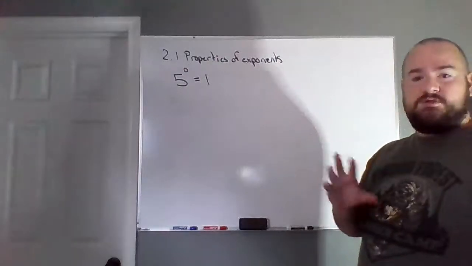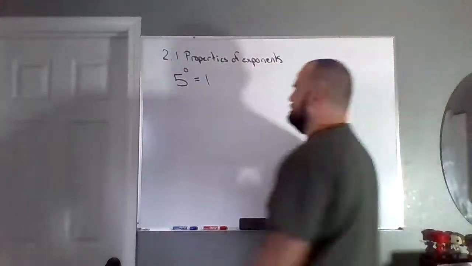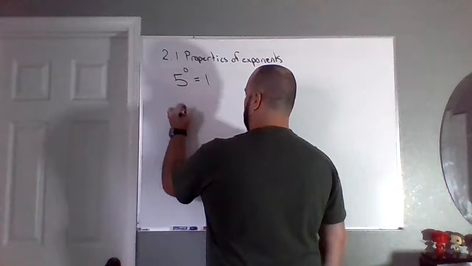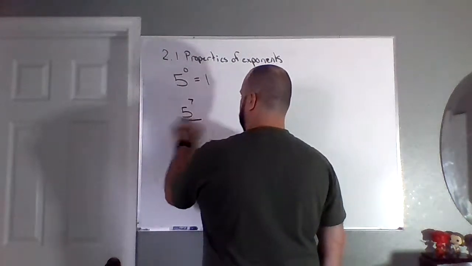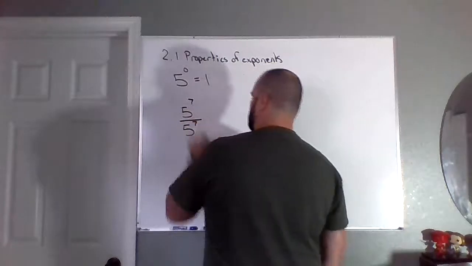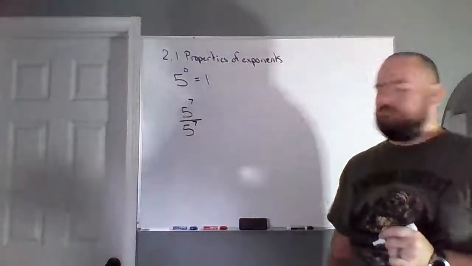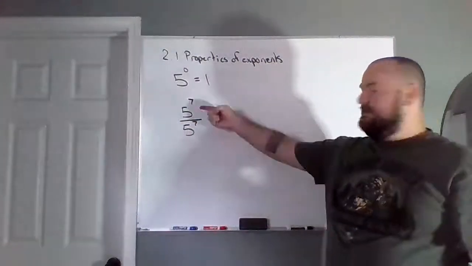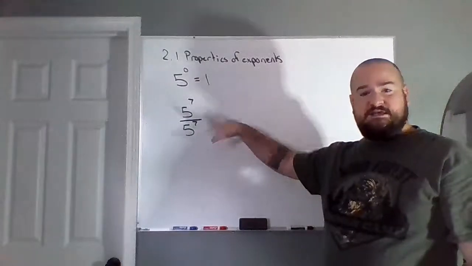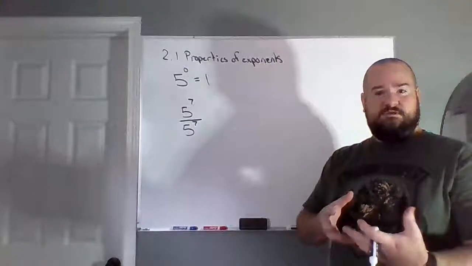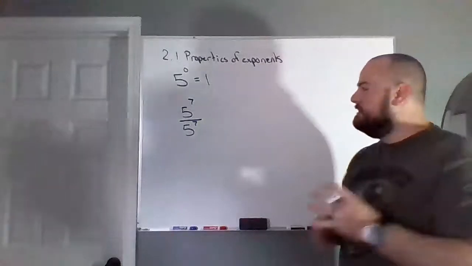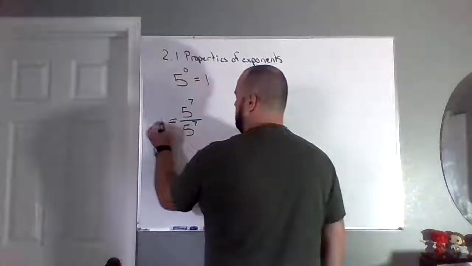But let's use that quotient rule to figure this out, okay? So what if I have 5 to the 7th divided by 5 to the 7th? So first off, if I have something divided by itself, what does that equal? Right? Anything divided by itself, as long as it's not 0 divided by 0, is always equal to 1.